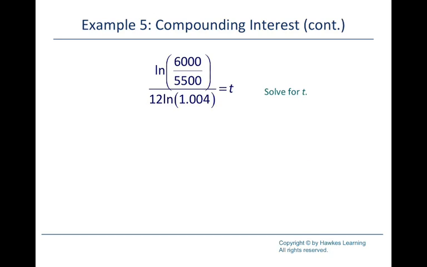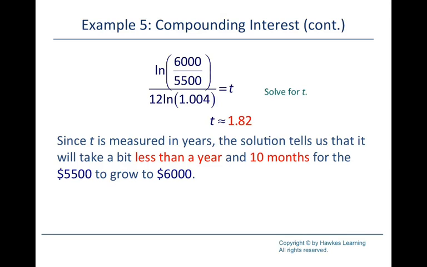Okay, and then you just solve this out, and you get 1.82 years, because t is always in years. Okay, so not quite 2 years, 1 year and 10 months almost, for the 5,500 to grow to 6,000.